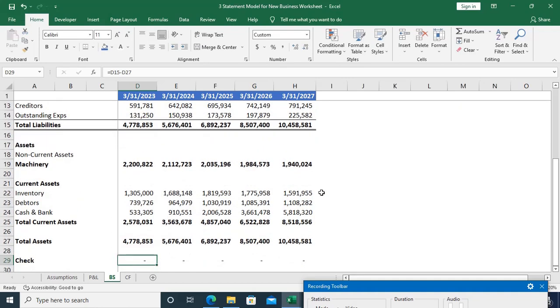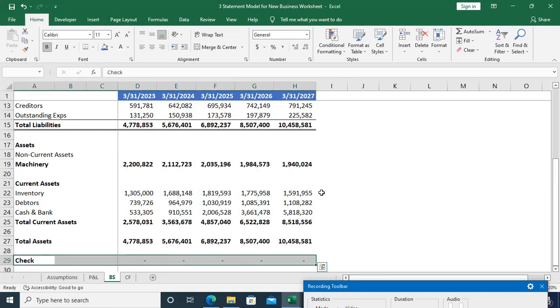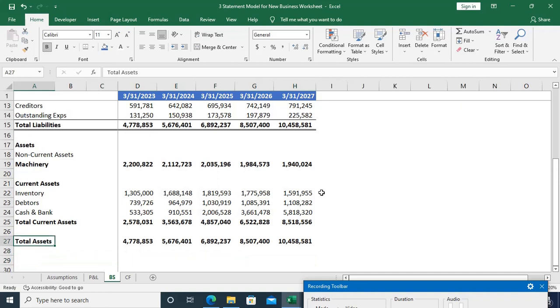So it has become 0. That means it is absolutely correct. So all our hard work has now paid off. We have made one model where we have done everything from scratch for a new business, right? So Alt HBU.